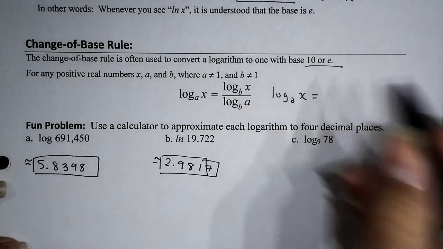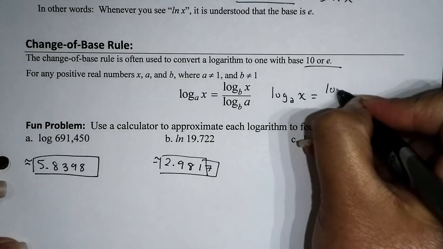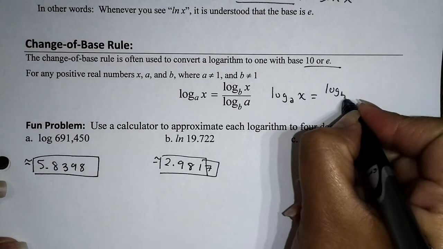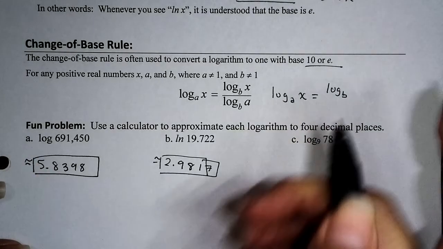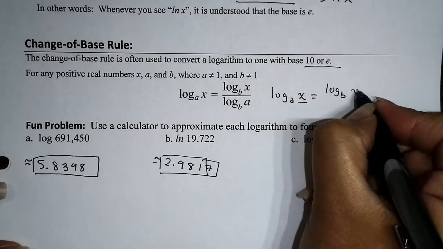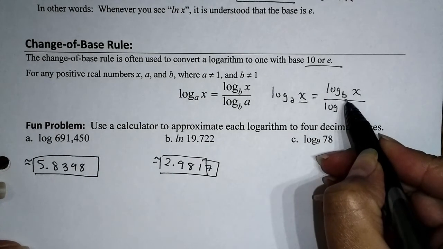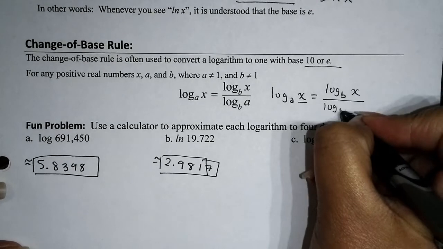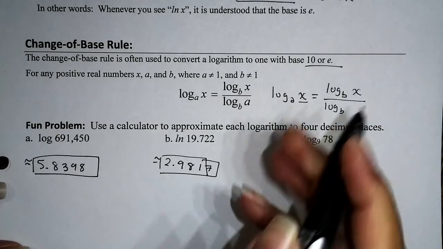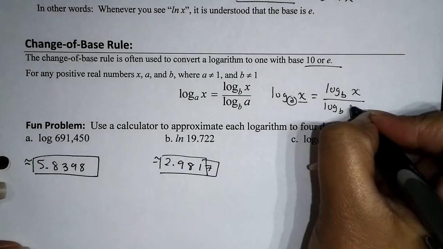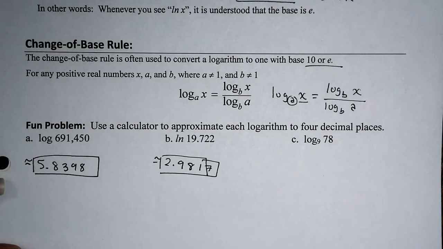So in this case, we are going to write this as logarithm base whatever we want of the argument over logarithm, same base that we chose initially, of the original base of the logarithm.